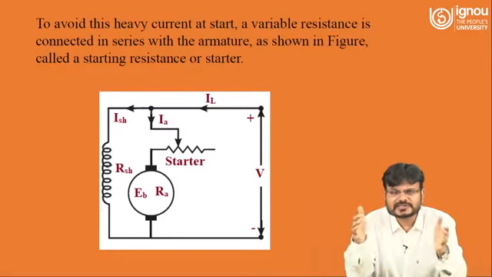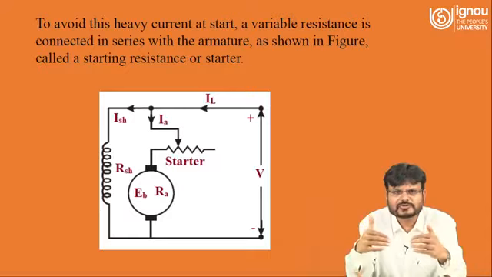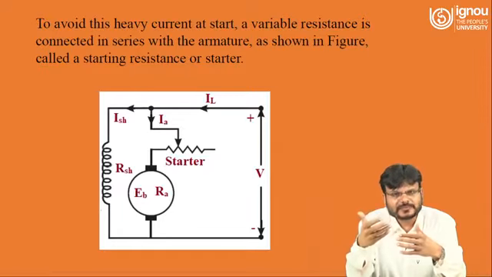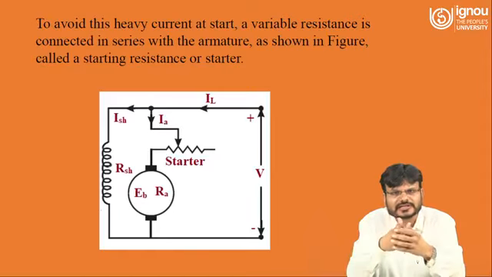That means in the denominator you have increased the resistance. So if you insert some resistance in series with the armature, this IA is inversely proportional to the resistance of the starter. That means this current will be less, or you can control the current.